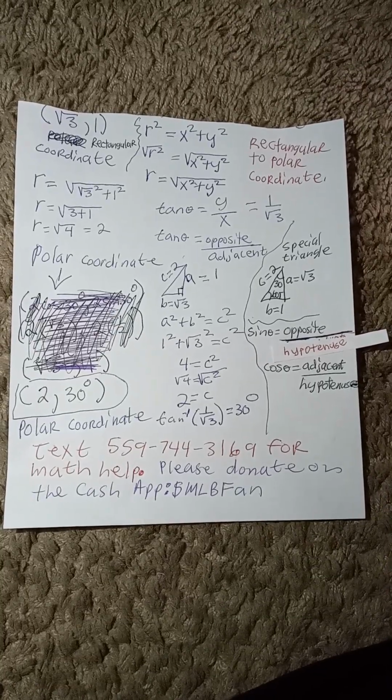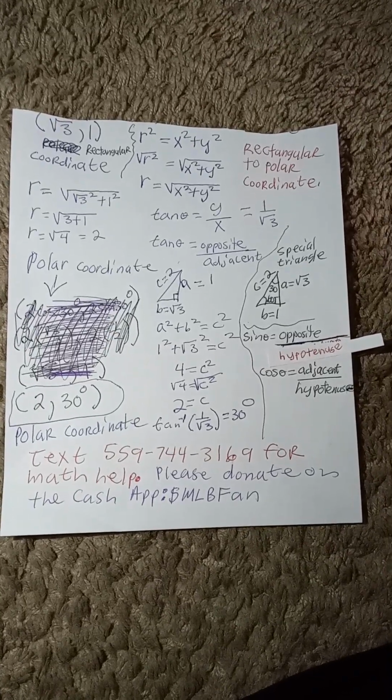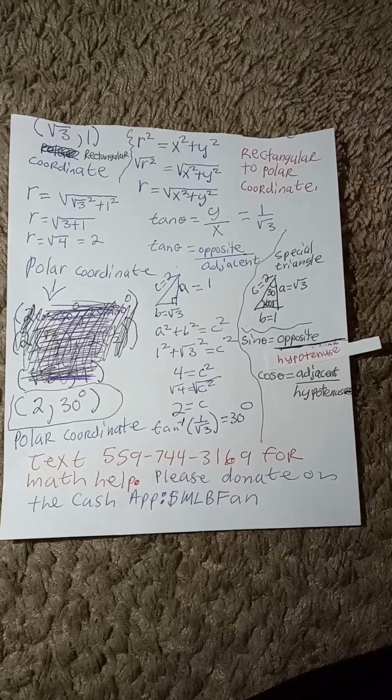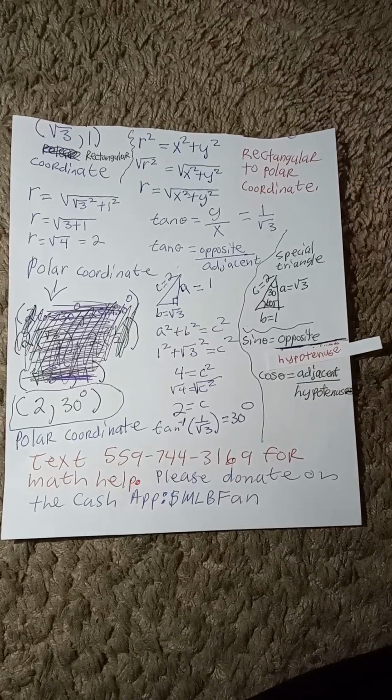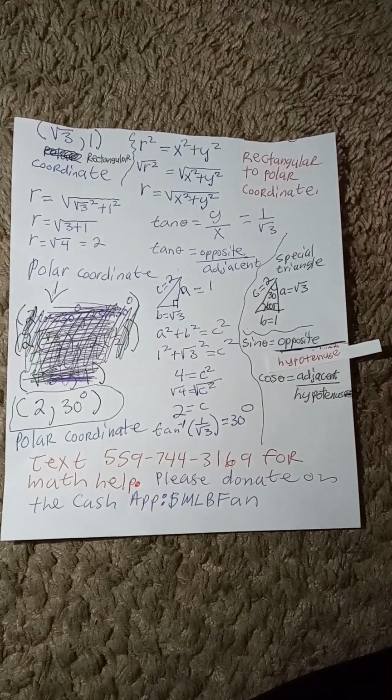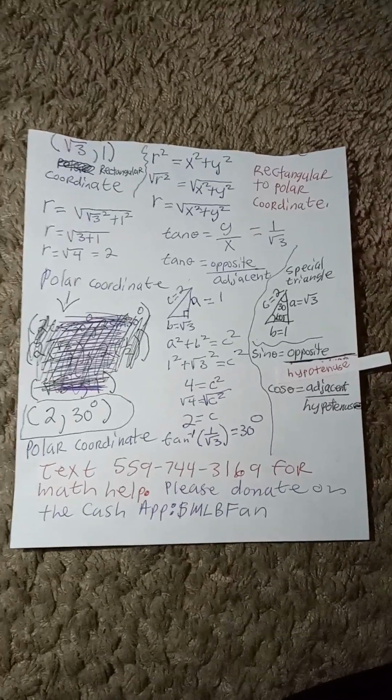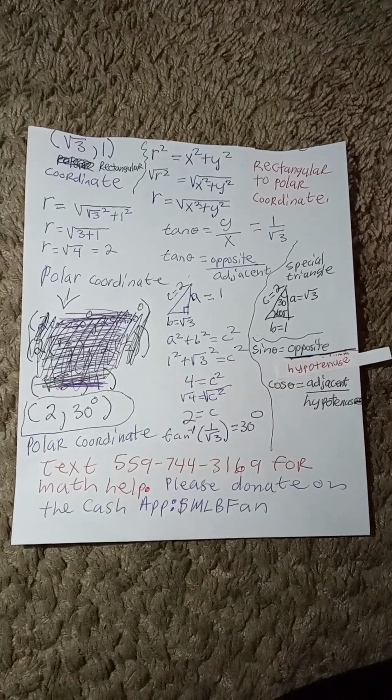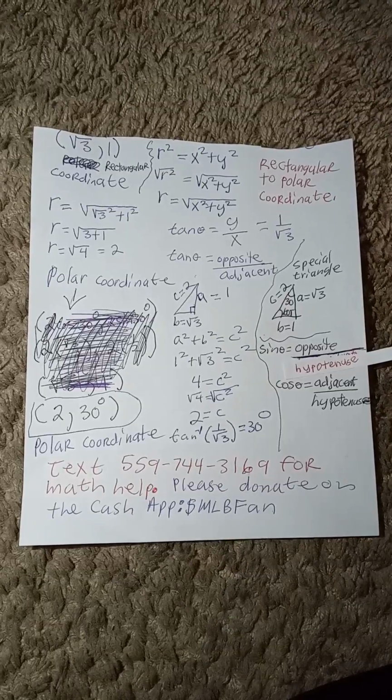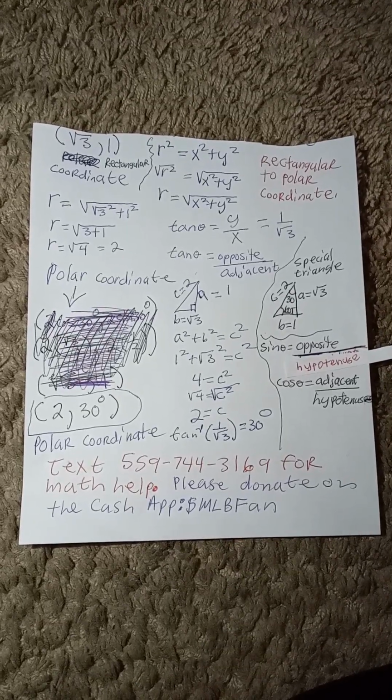So r, which goes to x, is our 2, and our theta, which goes to y, is 30 degrees. So this is how we convert rectangular to polar coordinates.